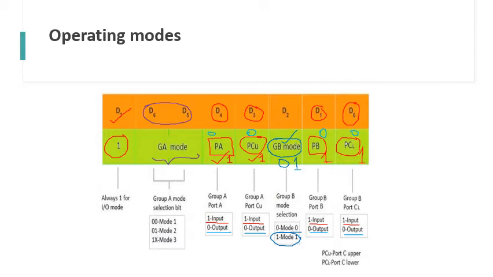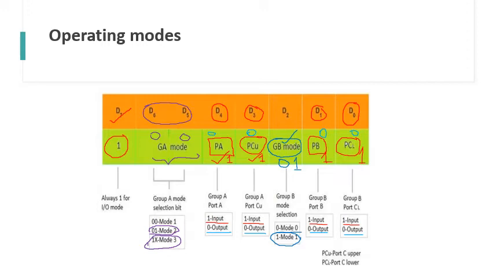When these two bits are 0, 0, then it is mode 0. When it is 0, 1, it is mode 2. When it is 1x, that is 1, 1 or 1, 0, then it is mode 3.